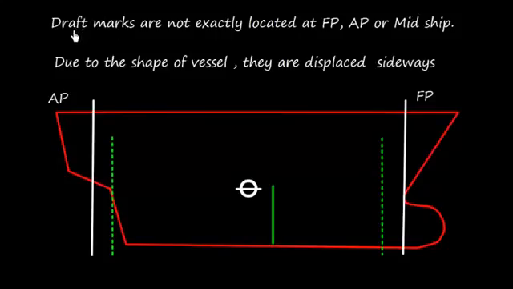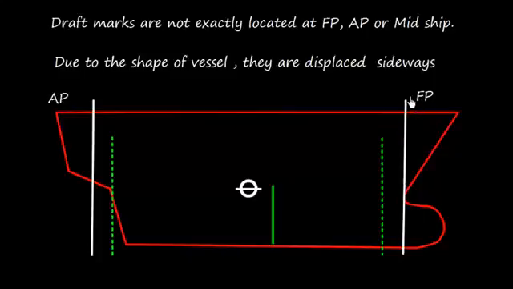However, we have one more challenge: draft marks are not exactly located at the forward perpendicular, aft perpendicular, or amidship. Due to the shape of the vessel, they are slightly displaced sideways. So for example, here is the forward perpendicular.